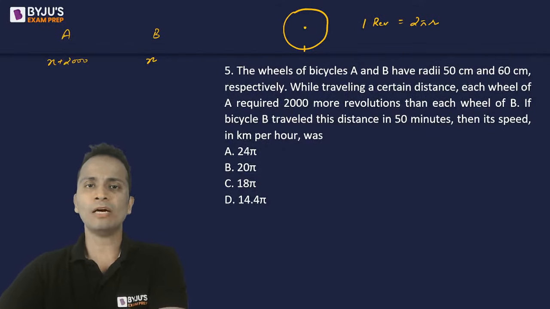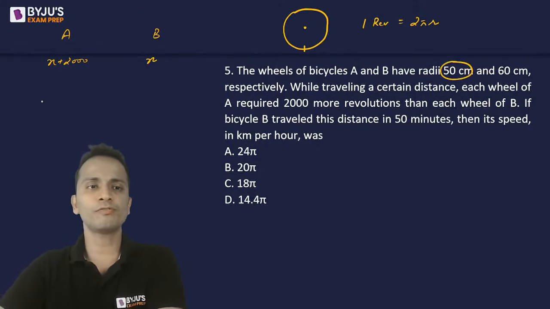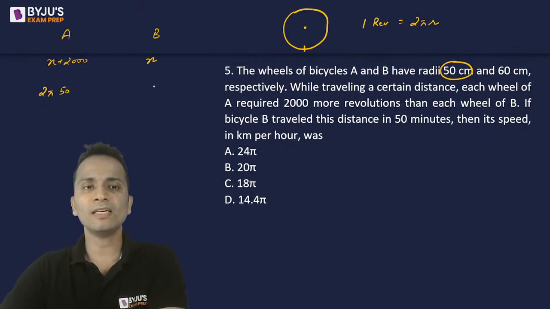Now, bicycle A will cover a distance of 2 pi into 50 in one revolution. And the wheel of bicycle B will cover 2 pi into 60 in one revolution.